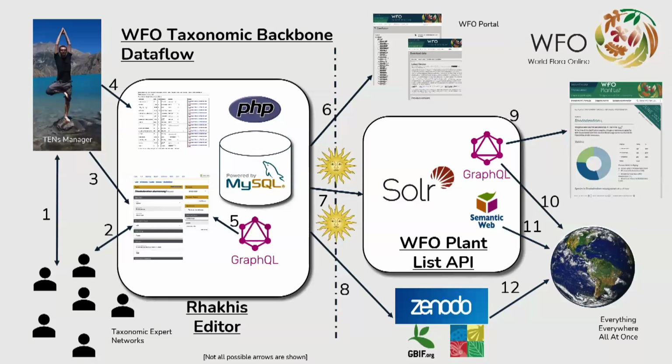Twice a year, the WFO plant list is also generated from Markus via a WFO plant list API and is made available on the WFO portal and is also shared with Zenodo, GBIF, and the Catalogue of Life. And the API is also available for anyone to use anytime, anyone who's interested in connecting the WFO plant list to their own applications.